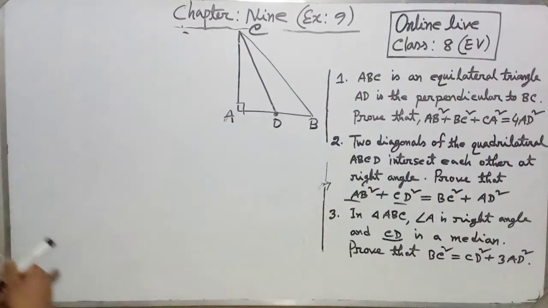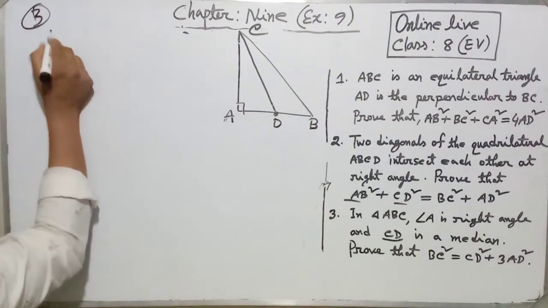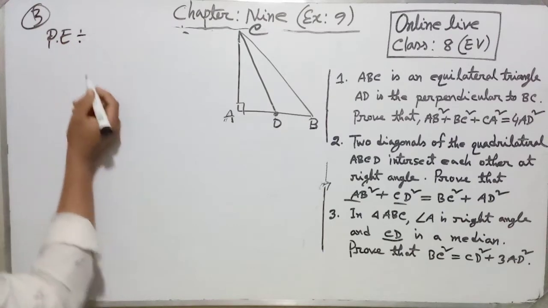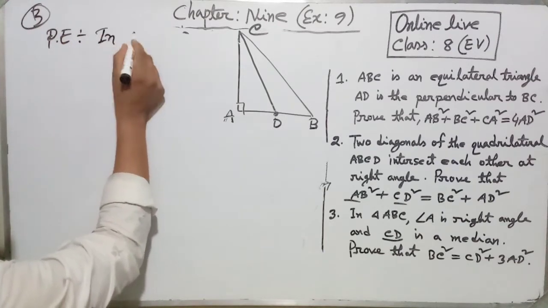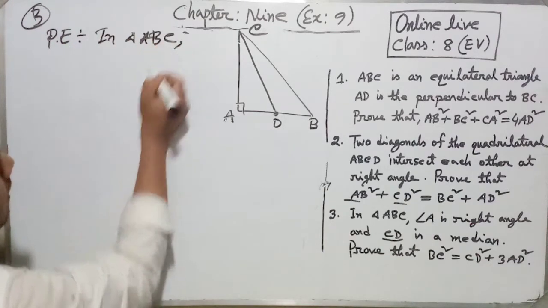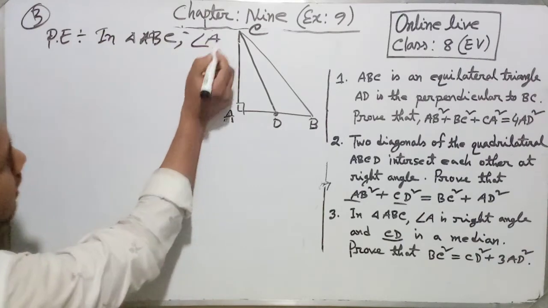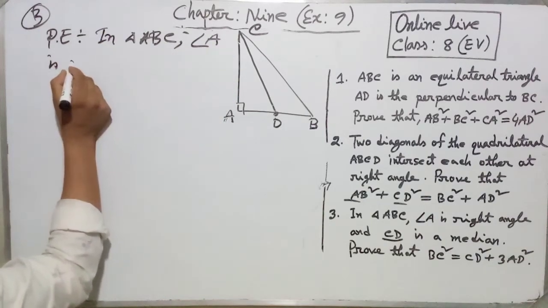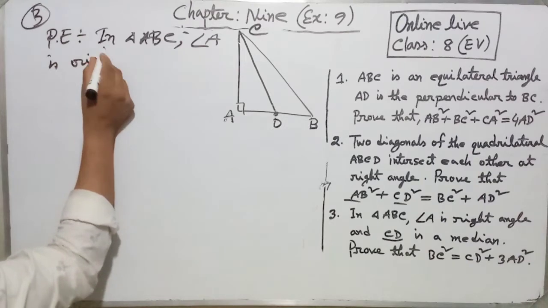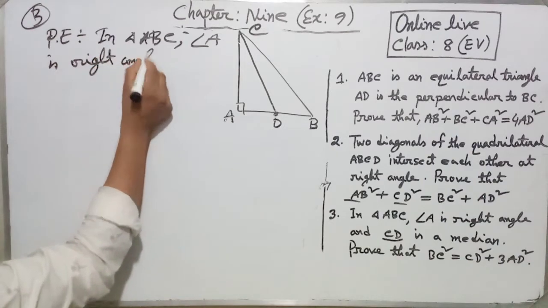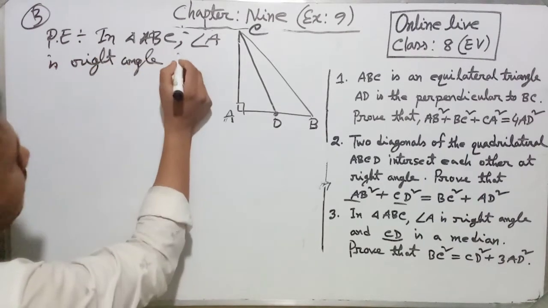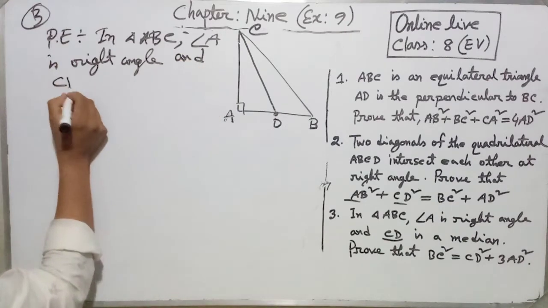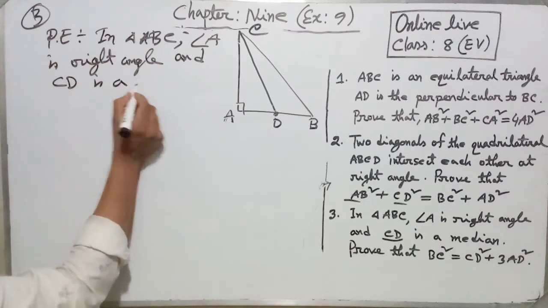So now dear students, at first particular enunciation: in triangle ABC, angle A is right angle and CD is a median.